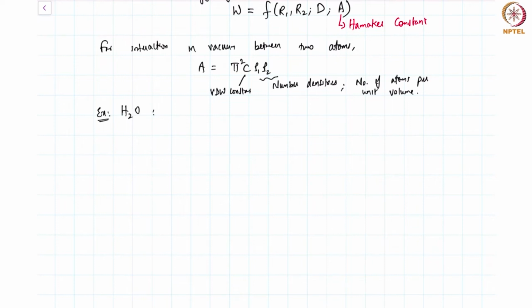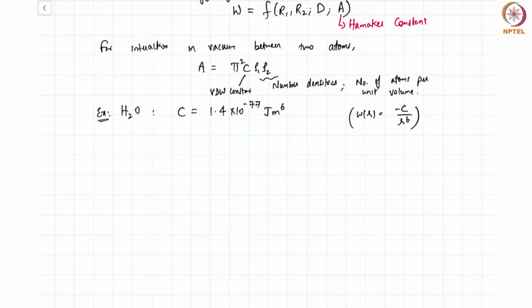then it turns out that this constant C is about 1.4 into 10 power minus 77 joule meter power 6. Remember, we had W of R to be minus C by R power 6. So the units of C would be W of R, which is the interaction energy, multiplied by the distance power 6.